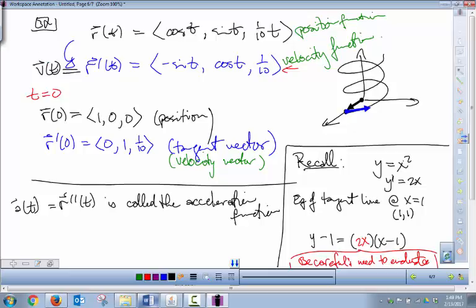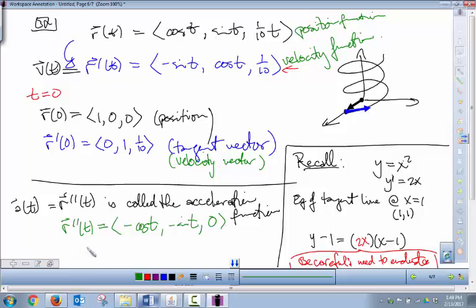So let's finish this thought about the acceleration. Let's take the actual acceleration function, which is the derivative of the velocity. The derivative is going to be negative cosine t, negative sine t, and the derivative of that, you get 0. So let's think about that for this particular problem.